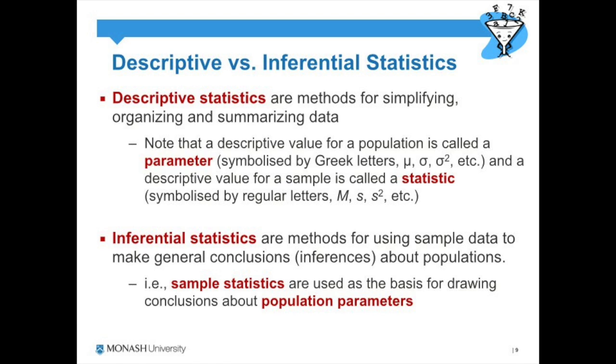So we use the sample to say something about the population. So we use a sample statistic to estimate a population statistic. So we have the sample mean, which we use, so M, we use to estimate mu, because we don't have access to that. And that's what the inferential part of inferential stats actually means. So we go from our sample statistic and we infer a population parameter.